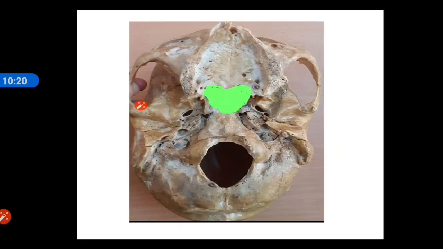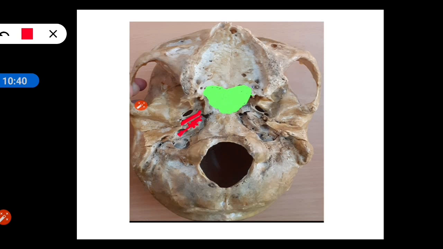So this was about the revision. We have the levator veli palatini muscle, which arises from the undersurface of apex of petrous part of the temporal bone, from the carotid sheath, and the medial lamina of cartilaginous part of the auditory tube.